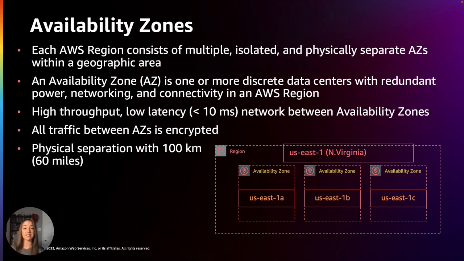Second, they need to satisfy data sovereignty requirements such as adherence to local laws, regulations, and compliance, which require workloads to operate within a certain jurisdiction. And third, they need to improve customer experience and performance for the workload by running that workload in locations closest to each set of end users.